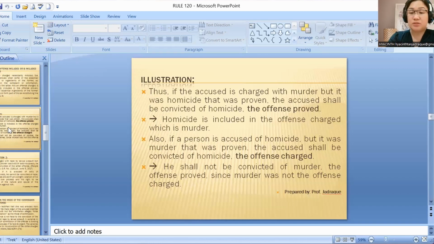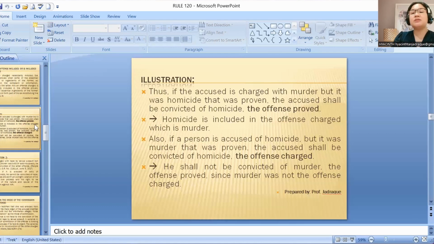Now, you might be asking, what's the difference between the two? The presence of the qualifying circumstance, which distinguishes murder from homicide. Homicide is the generic killing. So the essential elements are actually the same, except that in murder, there is the allegation of any of the qualifying circumstances that would change the nature of the killing by the accused.